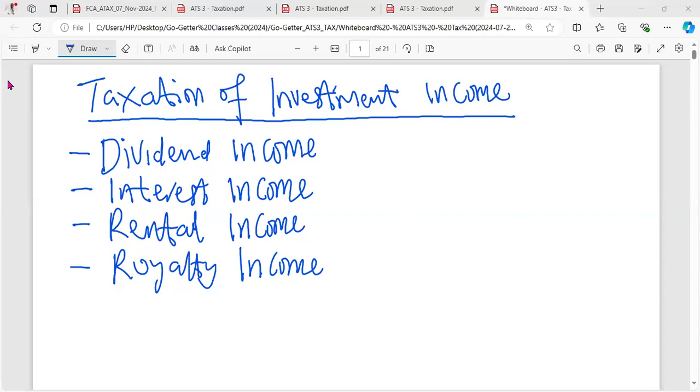My name is Chima. Last class we discussed taxation of business income, so taxation of personal income, and we talked about the PAYE, how to calculate PAYE.